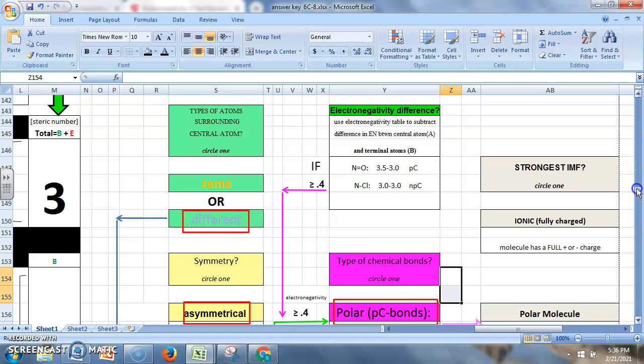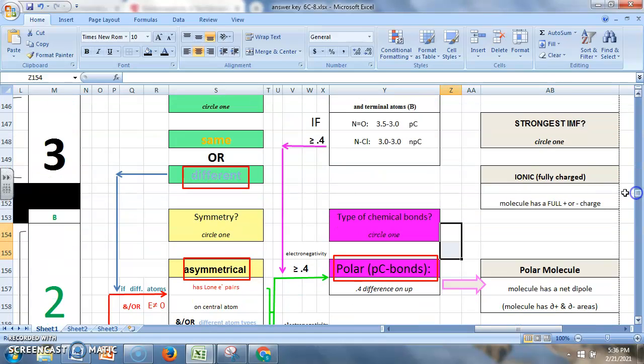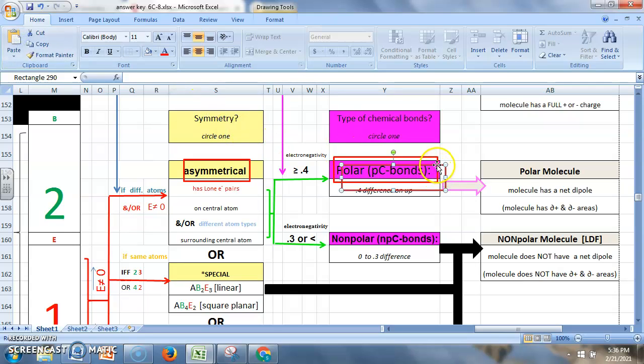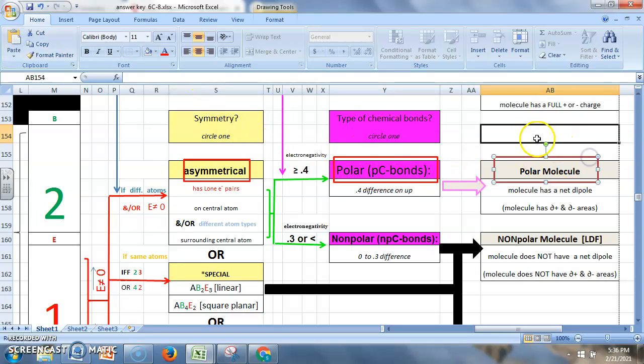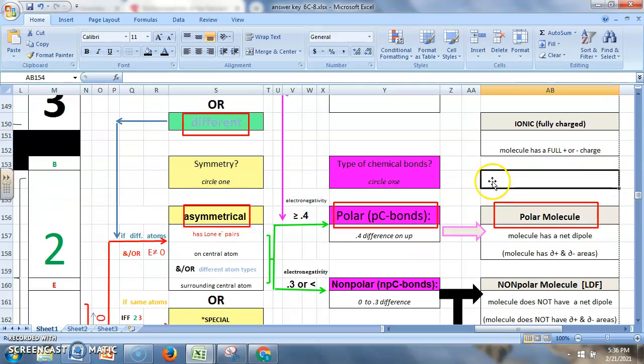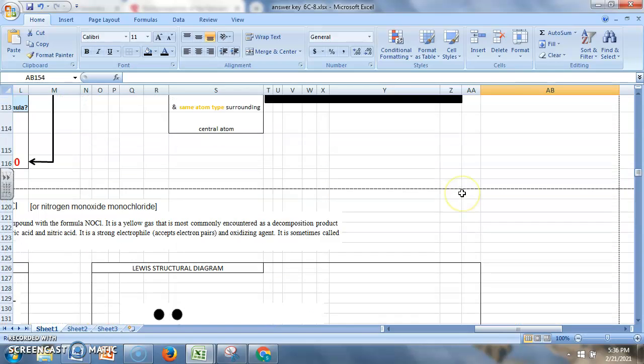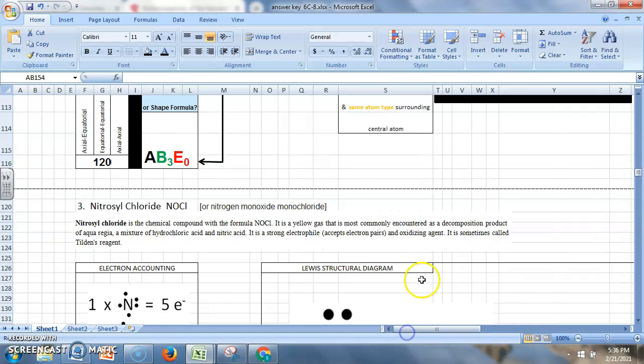The difference is 0.4 or higher. So that will give us a polar covalent bond on the molecule. It is asymmetrical, which means this will be a polar molecule. We will be looking at a polar molecule. And that should take care of number 3.